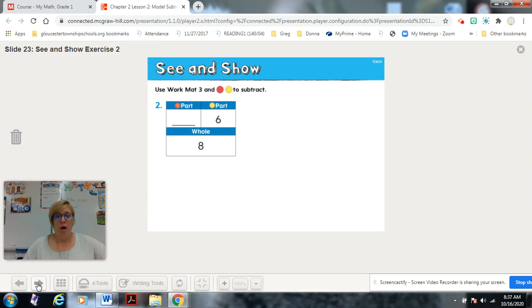Now, on the second one, again, 8 counters. Put them here. You can pause if you need to put your 8 counters on your whole part of your mat. I bet you some of you have already started to move 6 of them to the part.